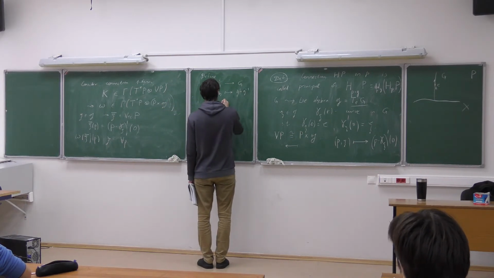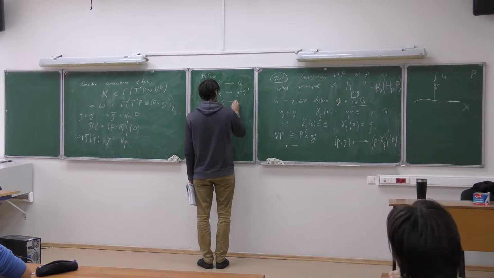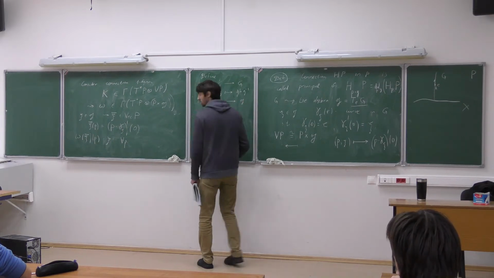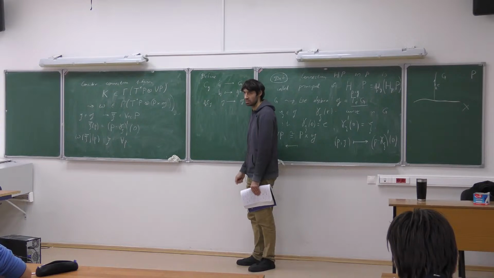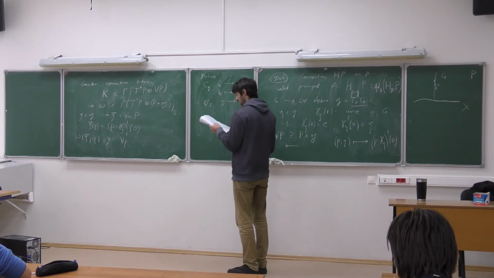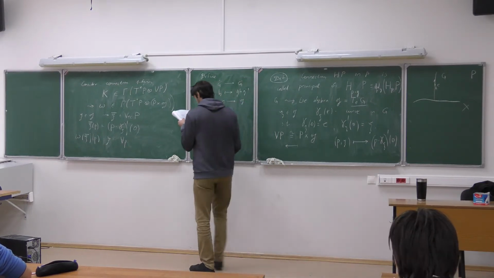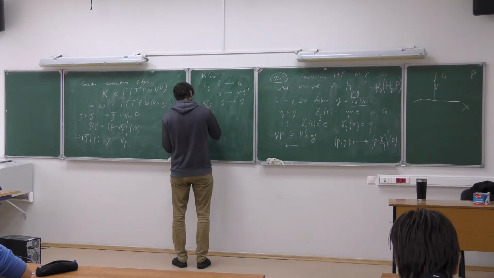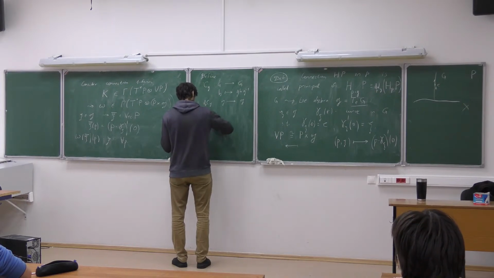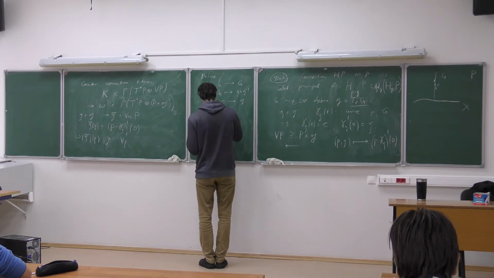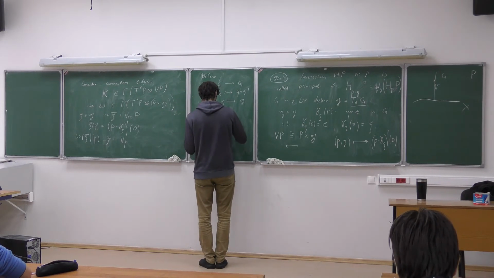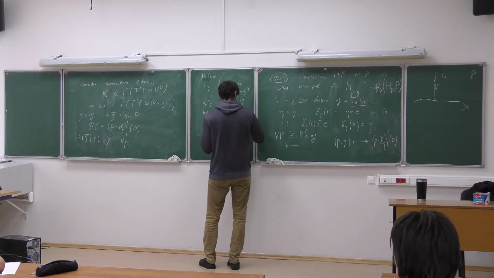I get a map from the Lie algebra to the Lie algebra. I just denote this as Ad G. So Ad G is a notation for the differential of conjugation, for any G from the group.